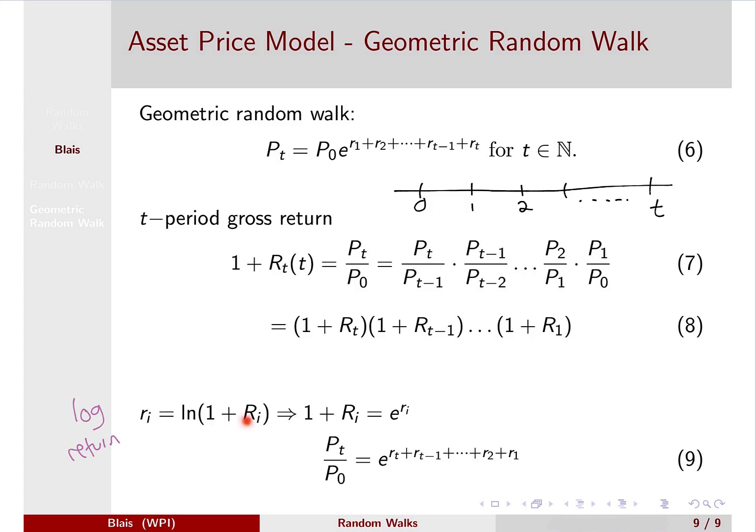But now take both of these sides and put them in the power of e. And that gives us 1 plus r_i is equal to e to the little r_i. Now that means we can take this and substitute up here. We have e to the little r_t, e to the little r_{t-1}, all the way down to e to the little r_1.